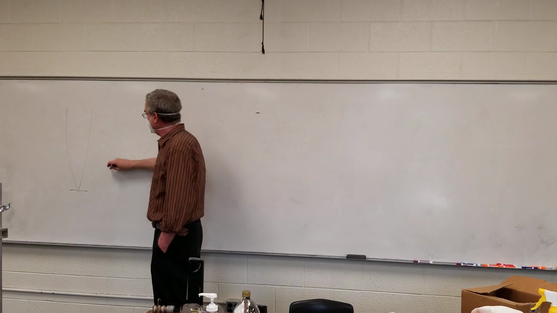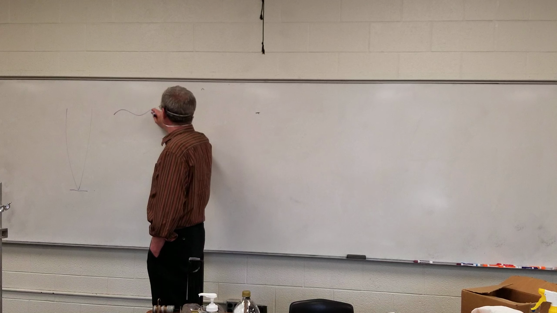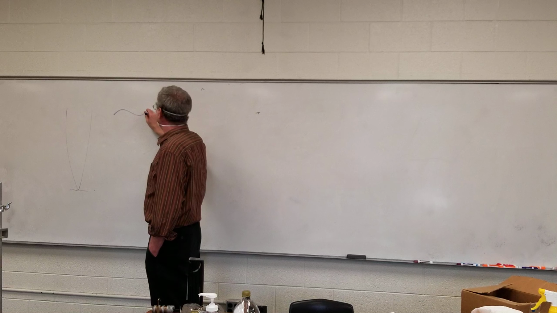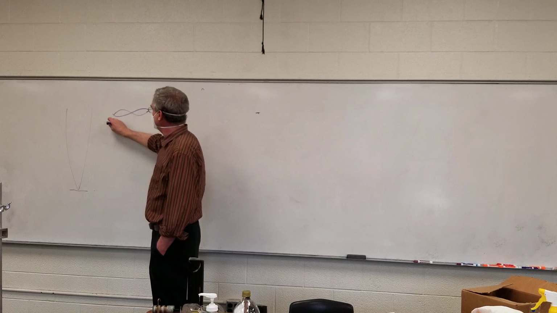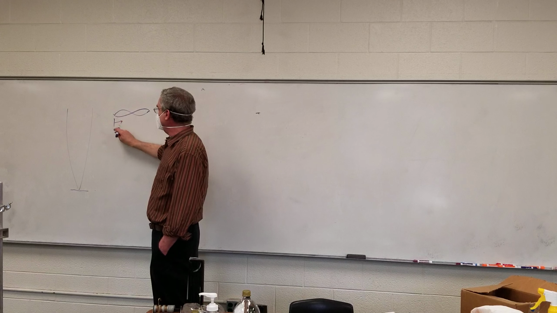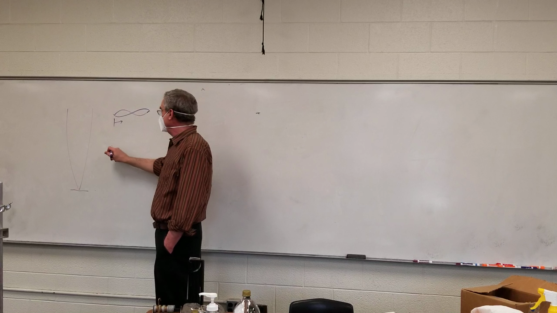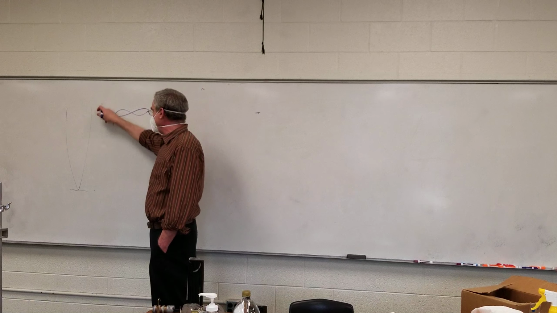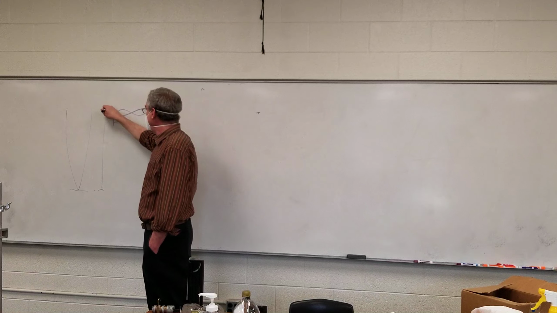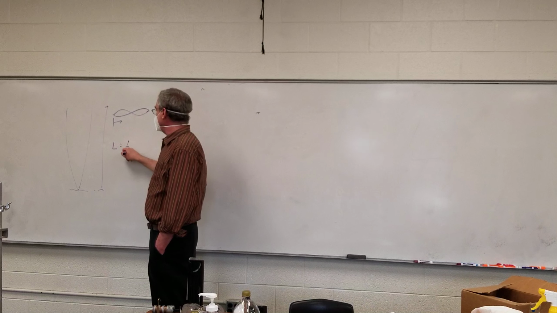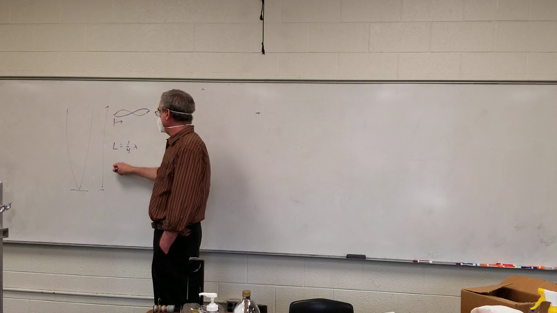It's going from a node to an antinode, so it's only a quarter of the way. Whatever that length is, it is a quarter of a wavelength. So the wavelength is 4 times that length.